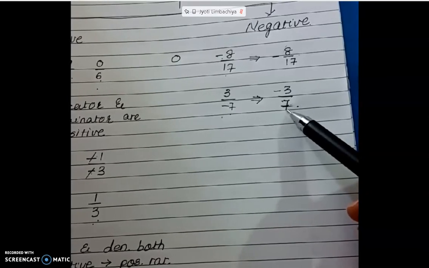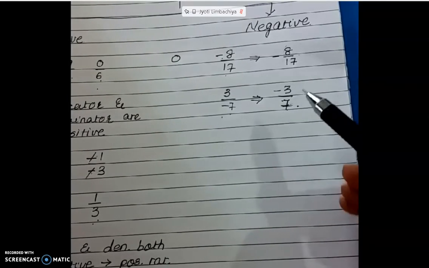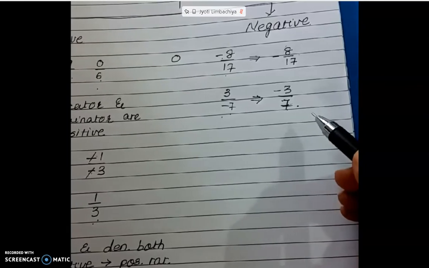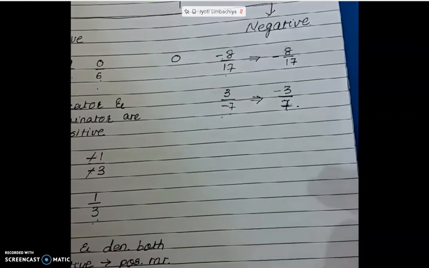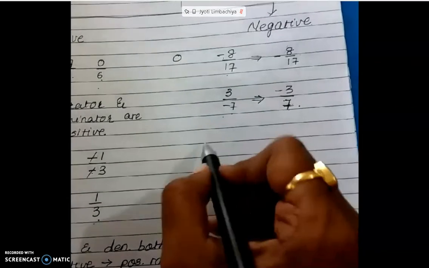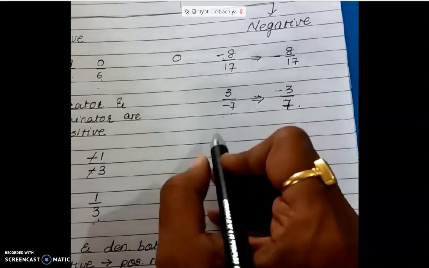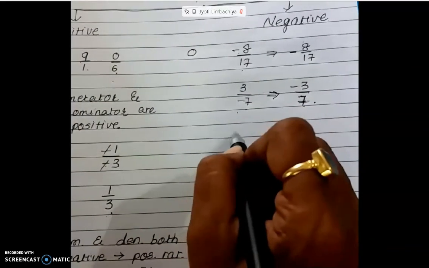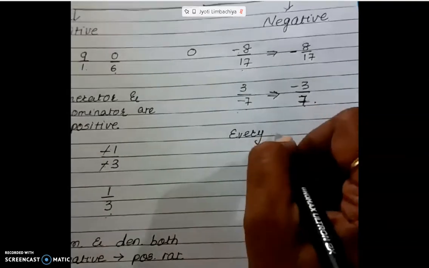All right. So when a negative integer is divided by a positive integer or a positive integer is divided by a negative integer, naturally it would be negative. So we can say that every negative integer is a negative rational number. So this is one of the most important property also.